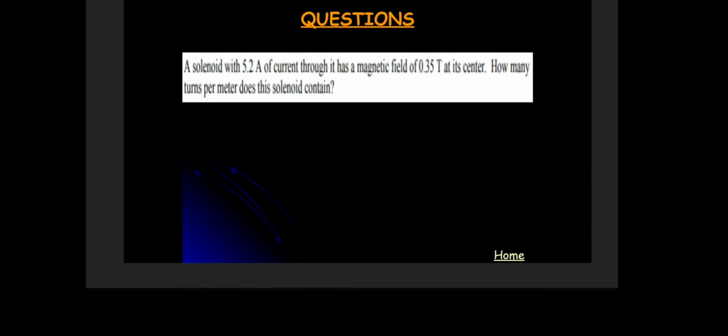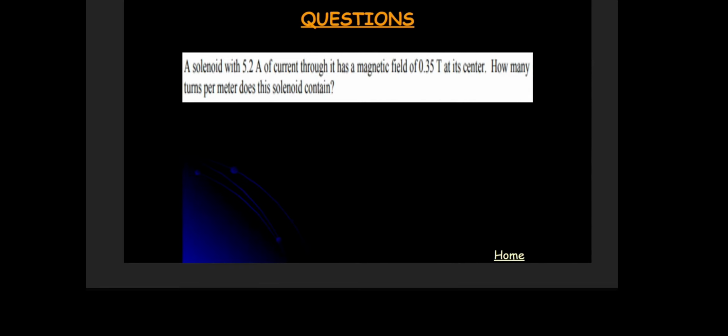So again, we use the same equation because now we're asked to find the number of turns per meter, which tells us we're finding small n. So therefore, small n is B over permeability times current.